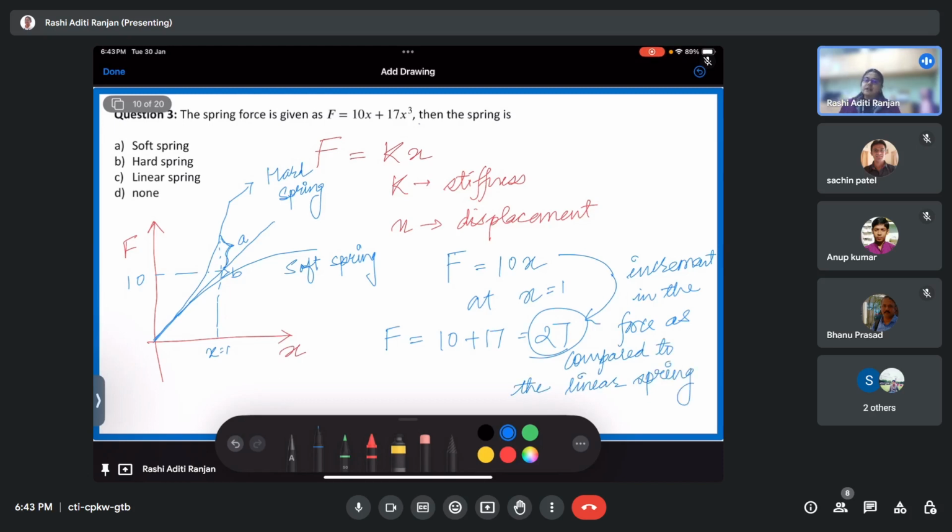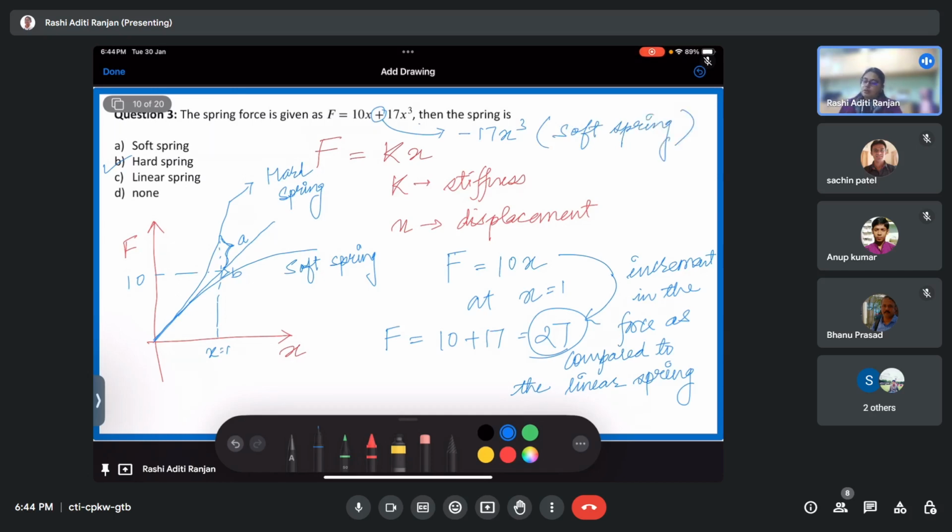Hence, we can say that it is a hard spring. If instead of plus there would have been minus 17x cube, then that would be a case of a soft spring. I hope that it is clear to you all.